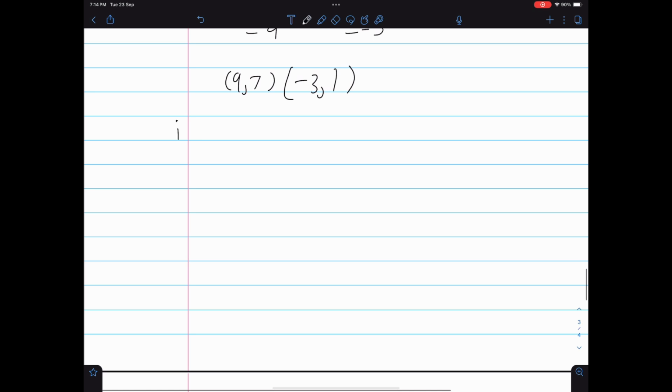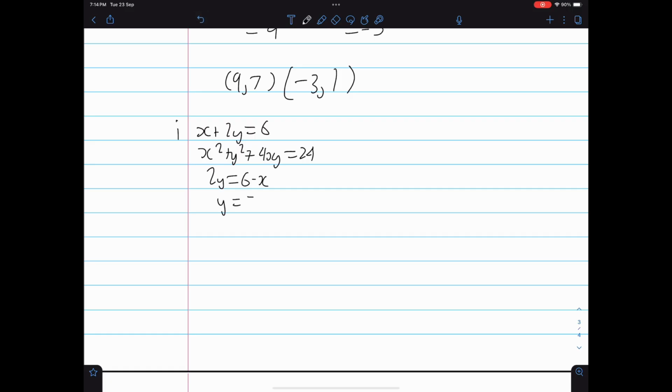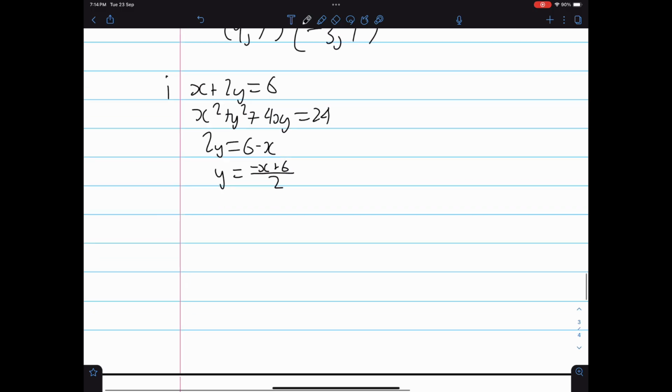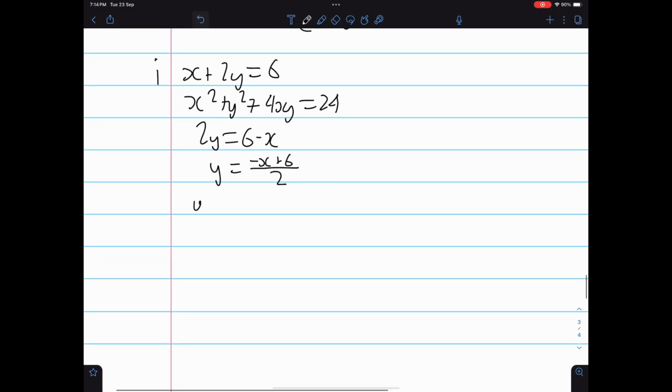Then for I, it's the same thing as before, essentially. 2y will equal 6 minus x. So y will equal that over 2. So then x squared plus 6 over 2 squared plus 4. Does that say 4xy? Yeah, 4x.